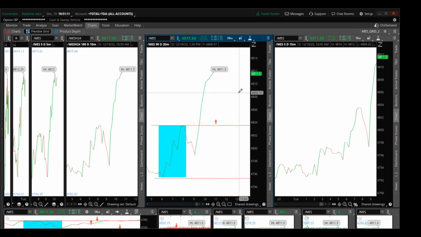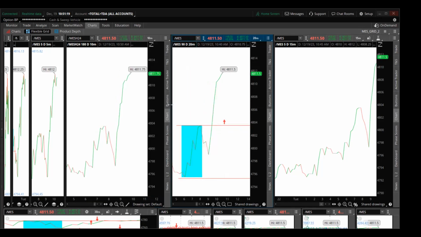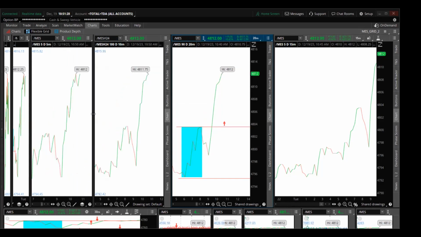So they're not predictable. They're only available when you see them. At times during the day, if nothing appears, this will continue to go up. Looking at the other time frames, we have no familiar fractals that we've seen before.